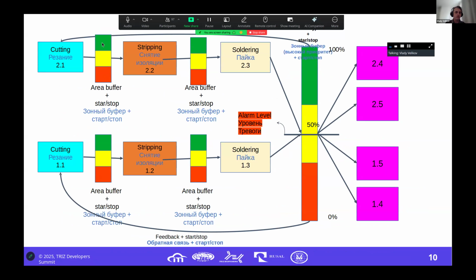The important thing was that when the buffer is full, the cutting machine has to stop. This is a mechanism for stopping and starting. It was first presented by Ford. After that, Ohno spoke about this with controlling with Kanban cards.